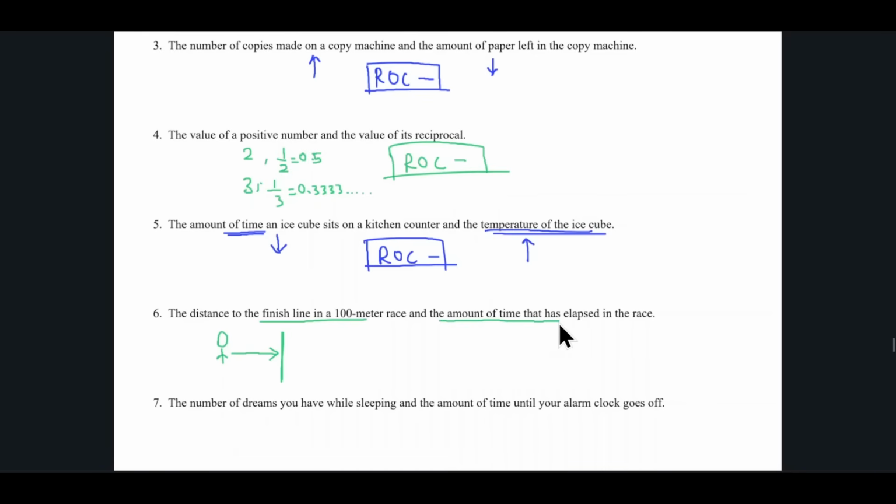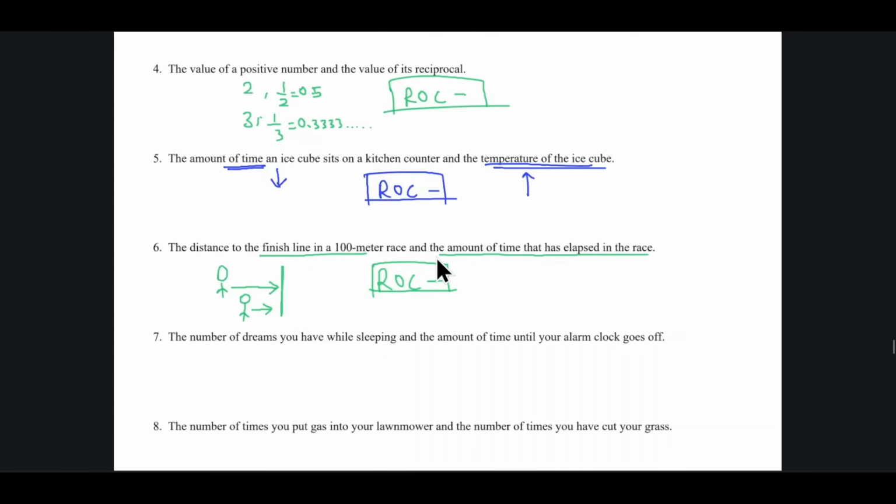After some seconds, this guy is over here. More time has elapsed since the start of the race, but the distance to the finish line is now less. So that is inversely related, which means ROC will be negative.